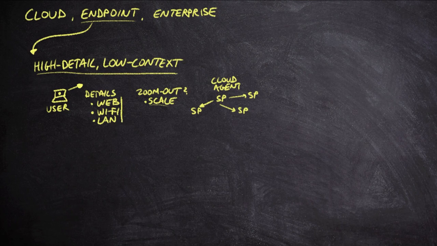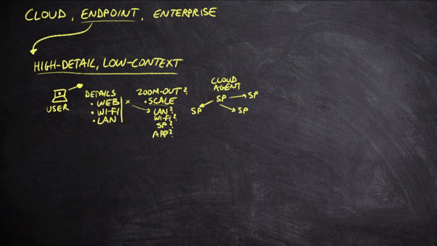We do get a lot of these details, but if there is a problem, let's say with the web traffic, or there's even just a problem with pinging the server, we have no idea of knowing, is this the LAN? Is it my Wi-Fi? And yeah, maybe we have a bad Wi-Fi signal, but ultimately, is the service provider at fault, or for that matter, is the application itself down?